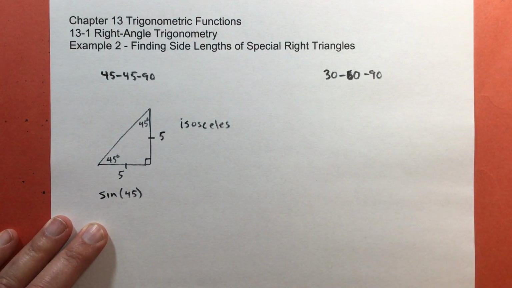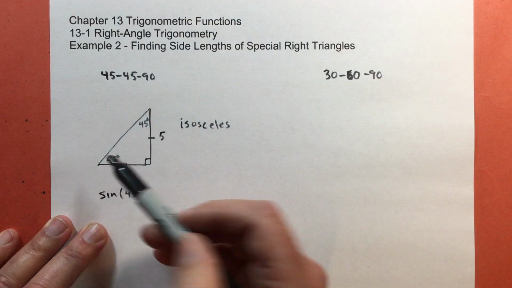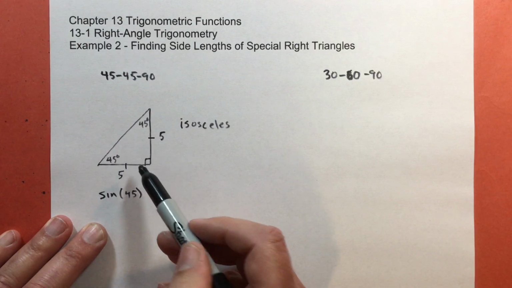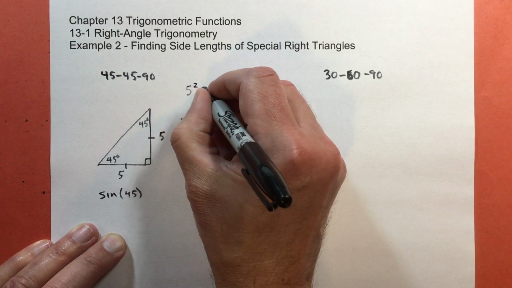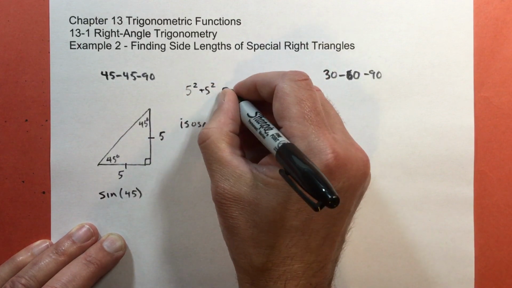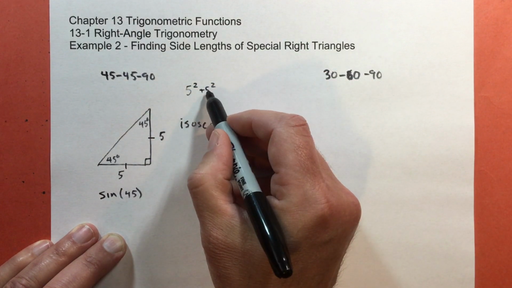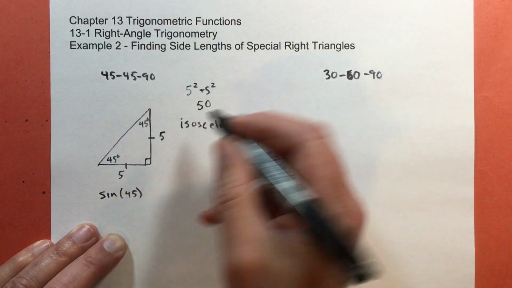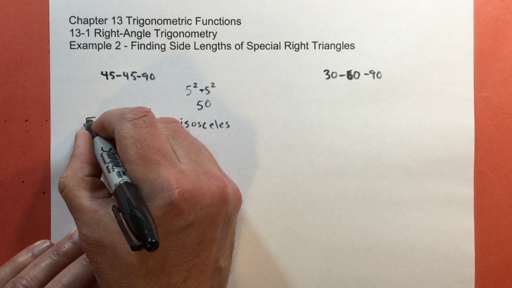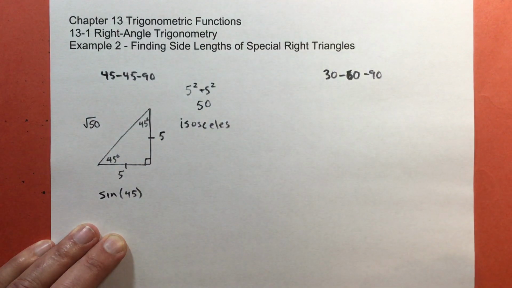So far, so good. But what's this side? Turns out that I can use the Pythagorean theorem to figure this out. I know that 5 squared plus 5 squared, that's 25 plus 25, which is going to be 50. So this right here is going to be the square root of 50.